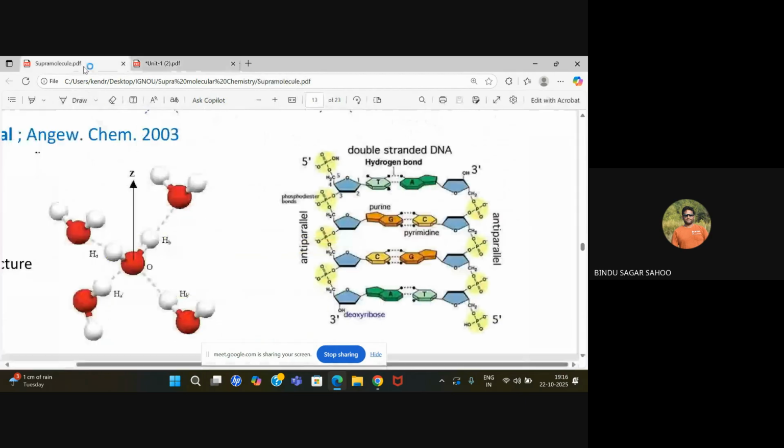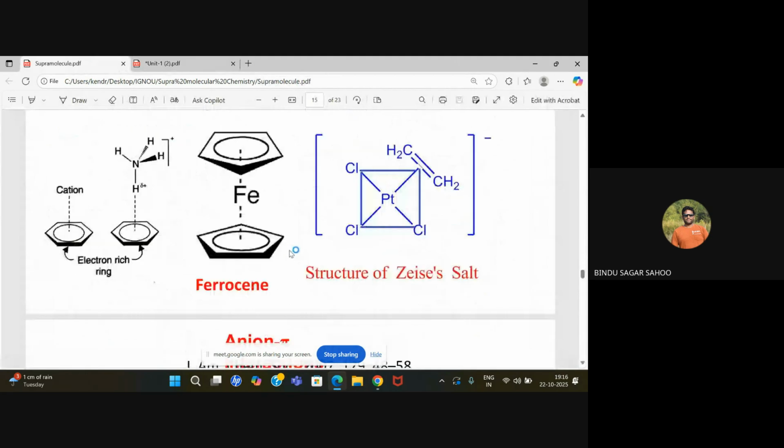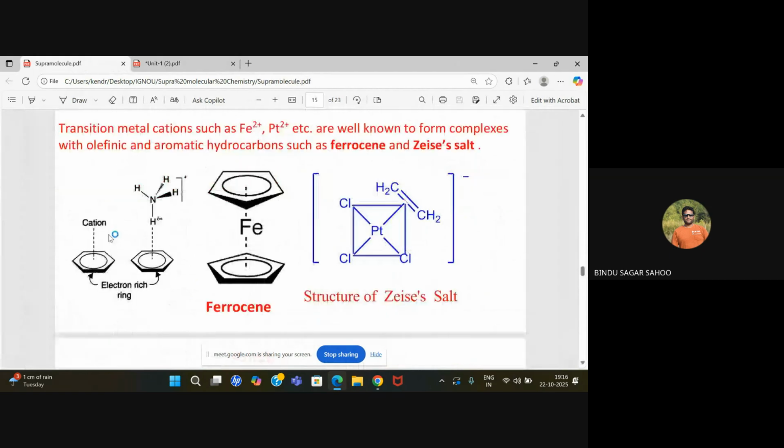You can see these types of interactions here. Any cation will make an interaction with the pi electron cloud of this benzene ring. Or you can take an NH4 plus ion, and this positive charge can also make an interaction with the pi electron system.